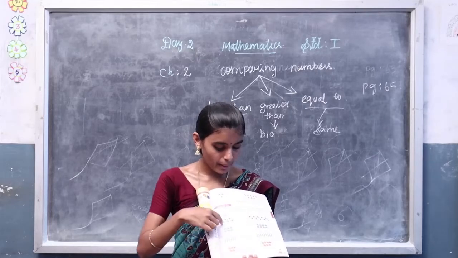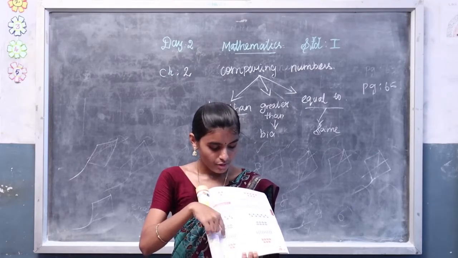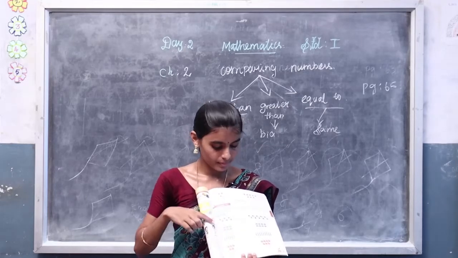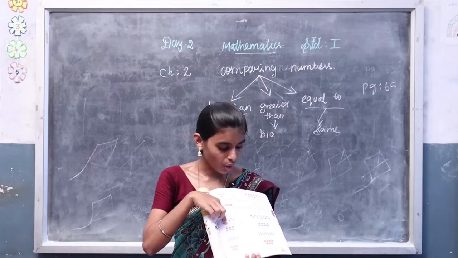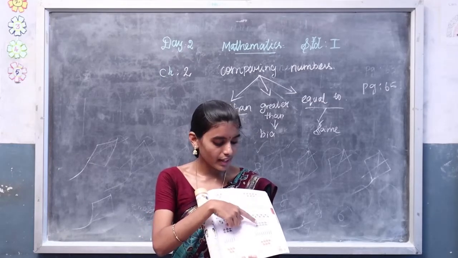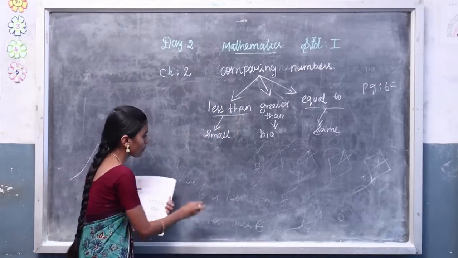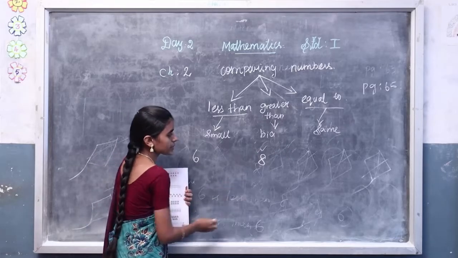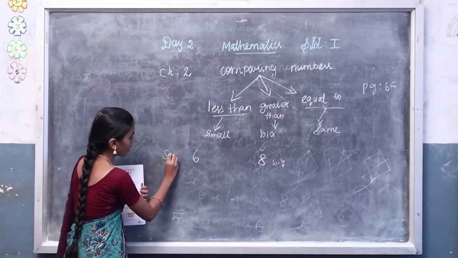Strike out the third cap also and the fourth one, the fifth cap also, and strike out the sixth cap. So see the first box, all caps are struck out, and see the second box, how many caps are remaining here? There are 2 remaining caps. So number 6 and number 8. There are 2 remaining caps in the second box. So this is the big number and this is the small number.